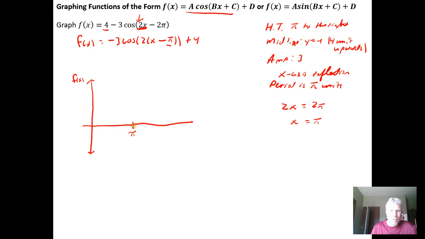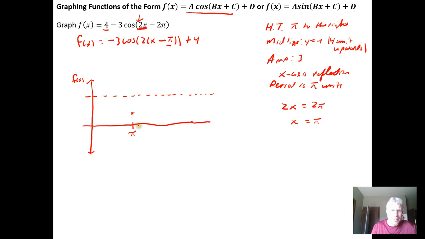So the period is pi, so one full period I should get going out to 2 pi. So cosine function, let's establish a midline. So here we go, midline coming in. I'm going to start drawing my cosine function right here. The cosine function is usually up high, but I'm going to reflect over the axis or midline, so I'm going to reflect down. I'm going to start low.